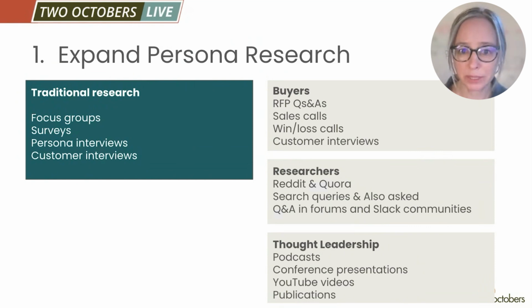As I mentioned, they can be expensive, and that's not always accessible to all teams. So in the process of doing this, we really tried to expand our ideas of where prospect research could come from. Where could we tap into that voice of the prospect and collect information from them about how they're thinking about problems at different phases of the buying cycle?